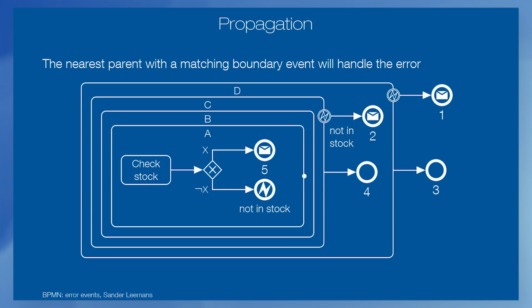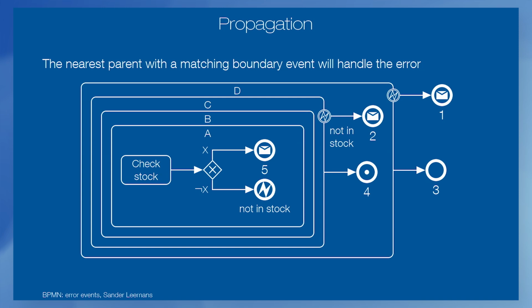So let's put the token here on the edge of A. So we indicate that A is done. Now B is also done because there's nothing more. So B produces a token that needs to go into its parent, subprocess C. Subprocess C has an outgoing sequence flow, so there is where the token goes next.